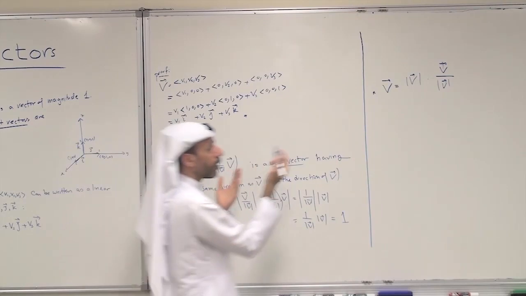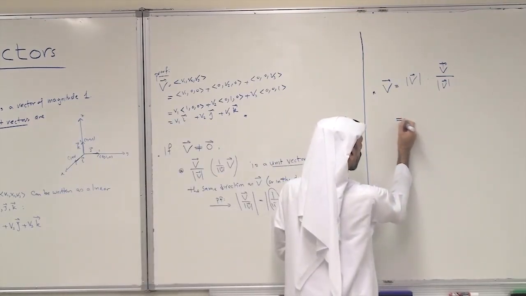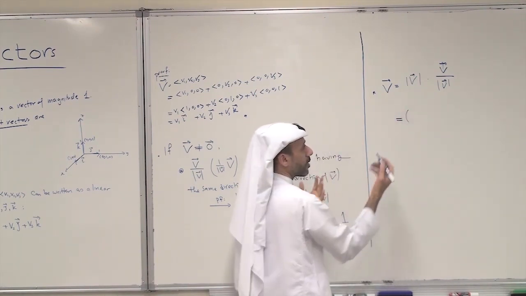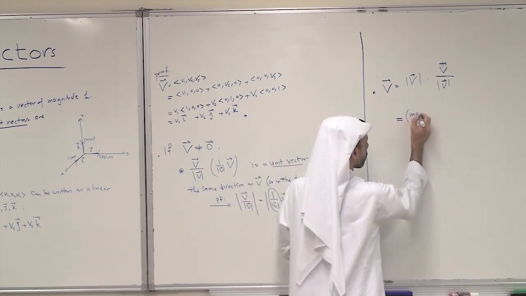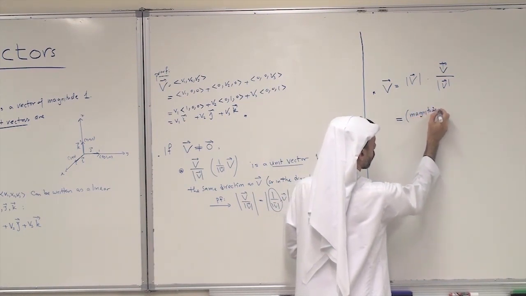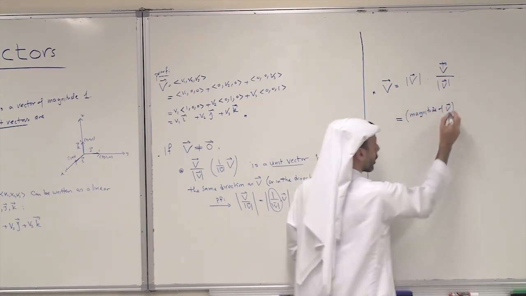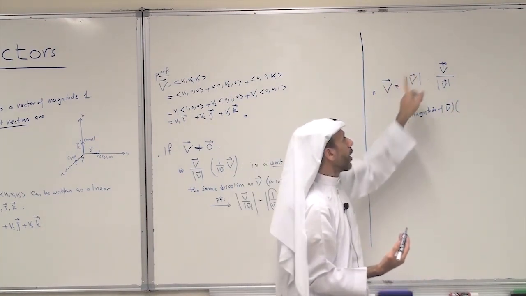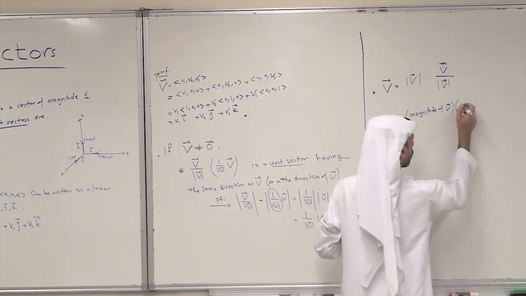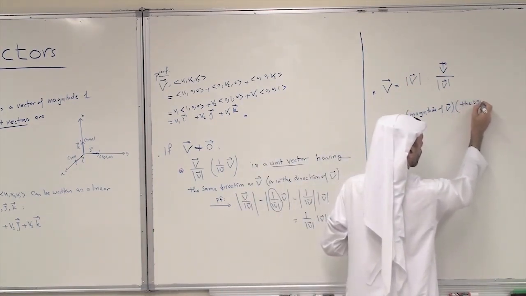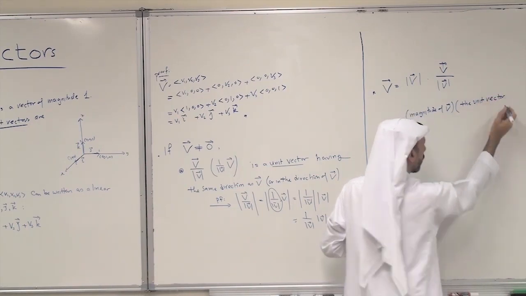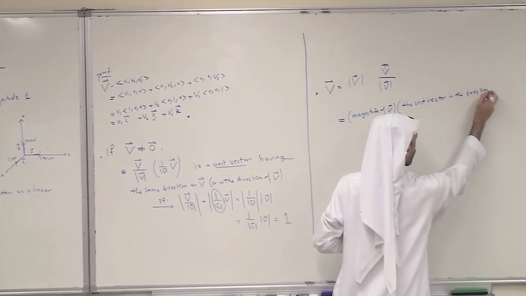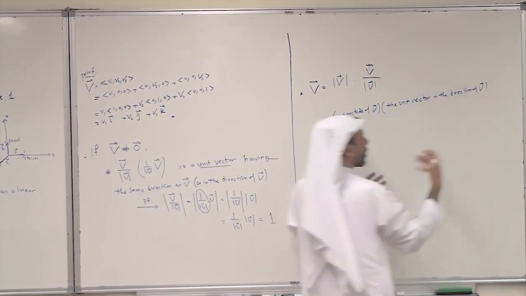Really, we can read this in the following way. We can say that any vector can be expressed as its magnitude of v times a unit vector in the direction of v, the unit vector having the same direction.